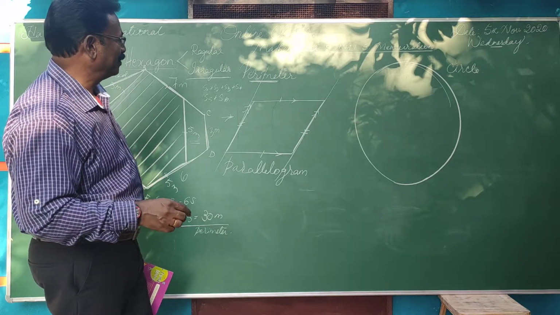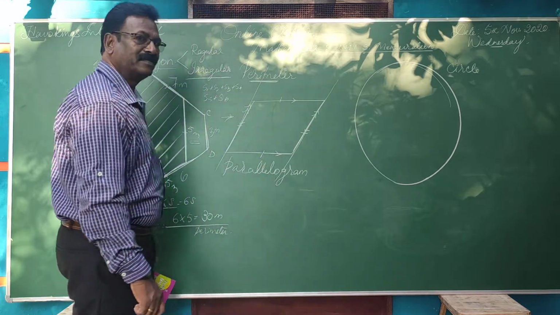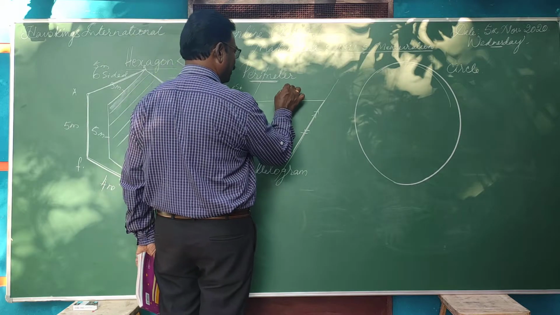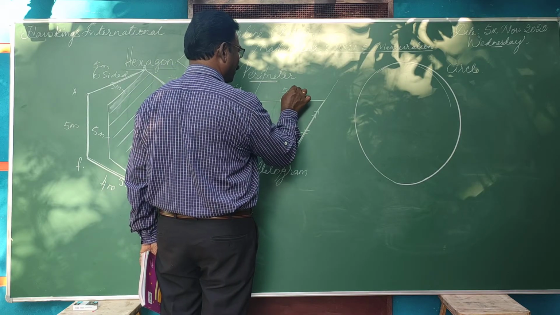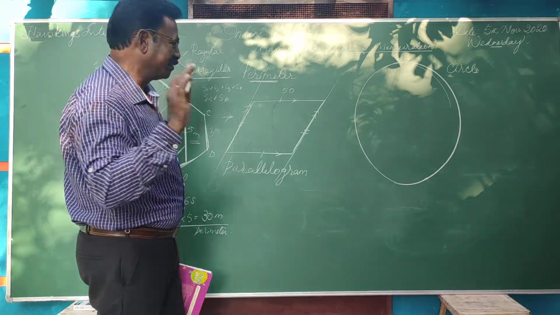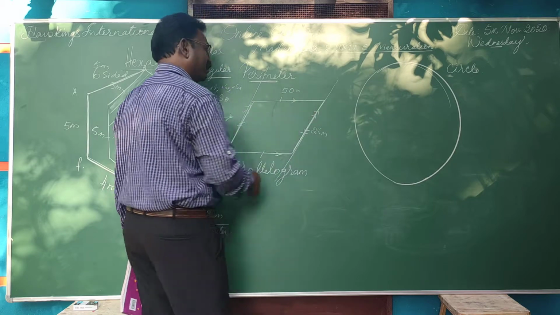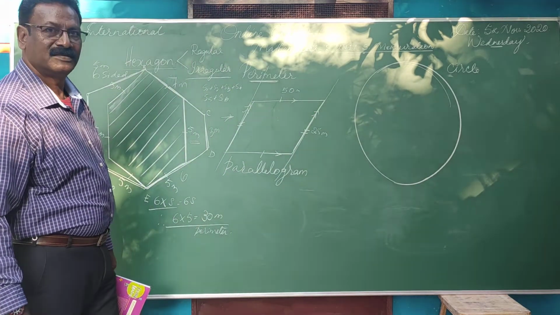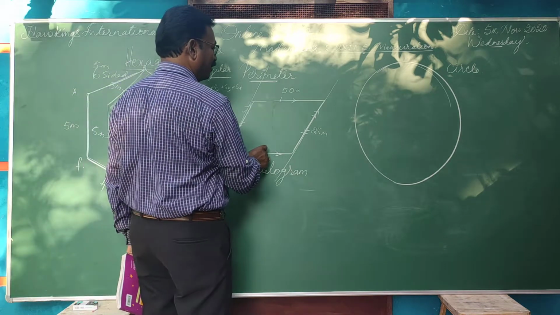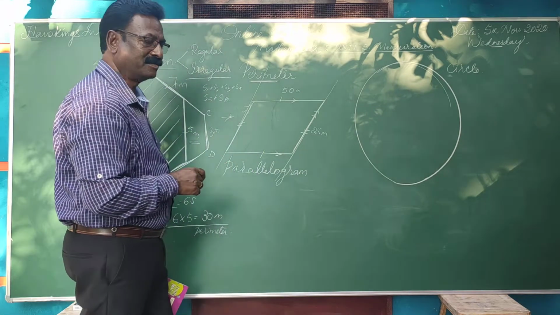But our question is how to find the perimeter of a parallelogram. In case of parallelogram, just 2 sides if it is given, you can easily find out its perimeter. Okay, 4 sides, 2 sides are equal, and other 2 sides are equal.